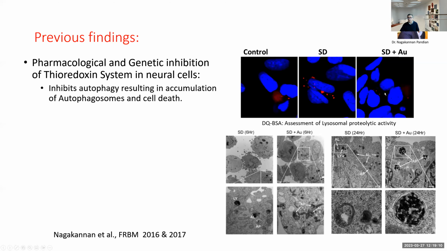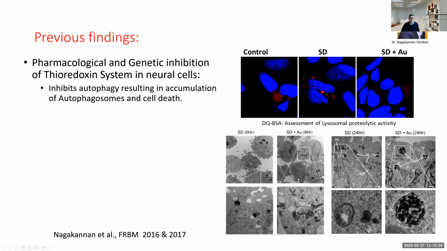When we inhibited thioredoxin reductase with auranofin, the level was very low. And here, looking at electron microscopy, we see an accumulation of autophagosomes inside the cytoplasm, indicating a decrease in lysosomal activity.